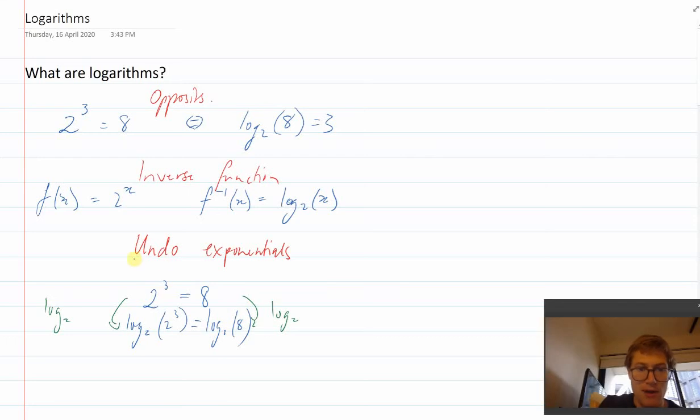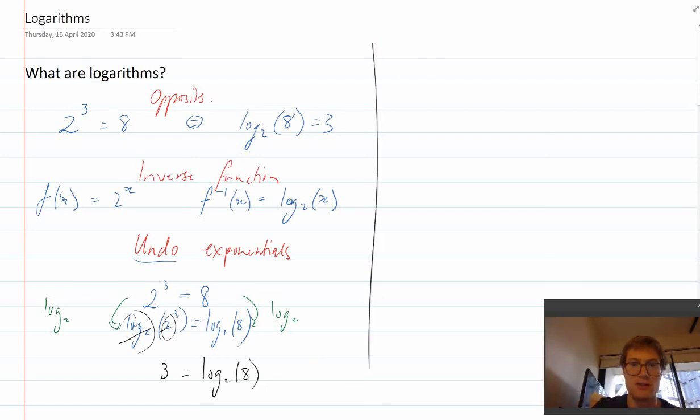Now, what I mean by undo is that the logarithm cancels with the base. So they undo each other, giving you just 3 on the left-hand side equals log base 2 of 8. And this is in fact the best way of thinking about logarithms. Let's do a few others.